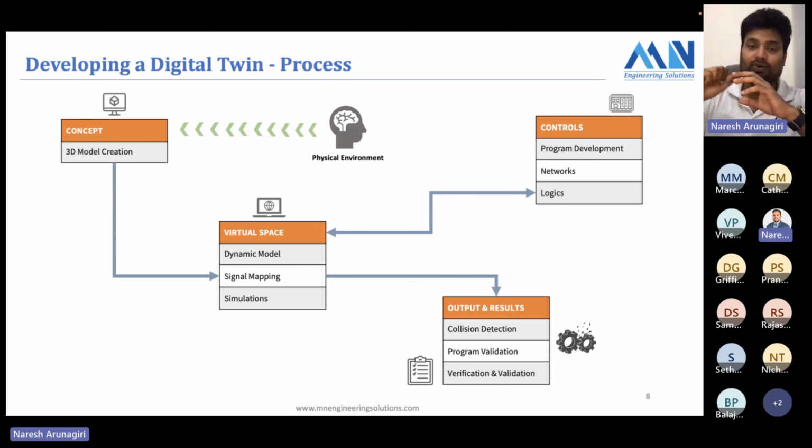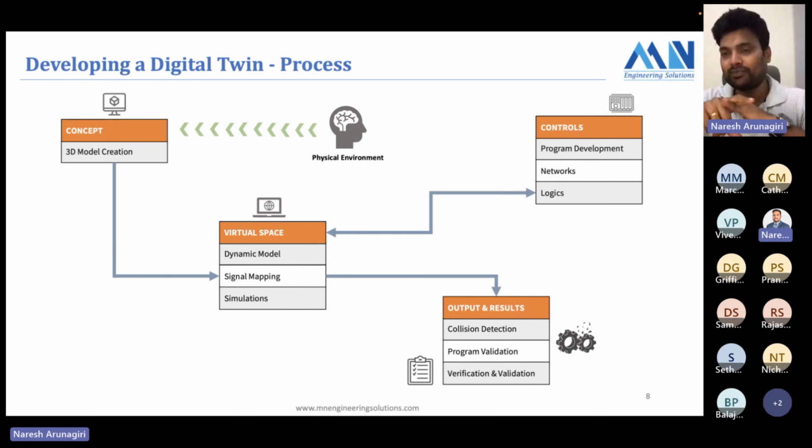We connect the program from TIA Portal to the PLC, and the PLC can actually give the instruction to our dynamic model. So by connecting to that, now you have a zombie and the brain both put together, you have a digital twin. The digital twin of your machine can perform the same way as it is performing in your physical world. So what are the end results we got from it?